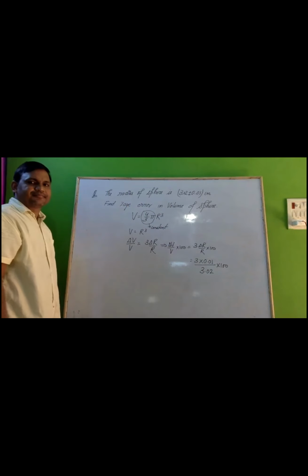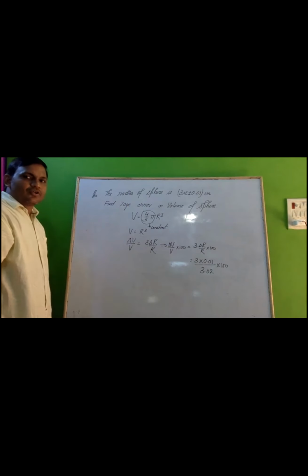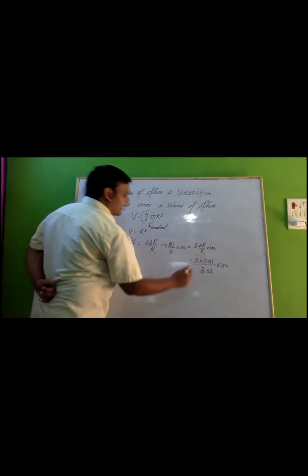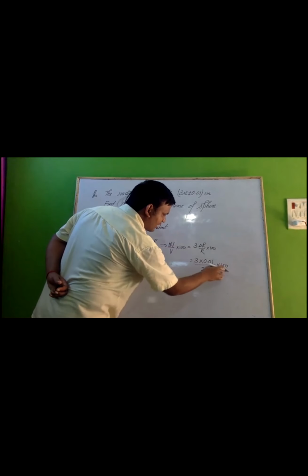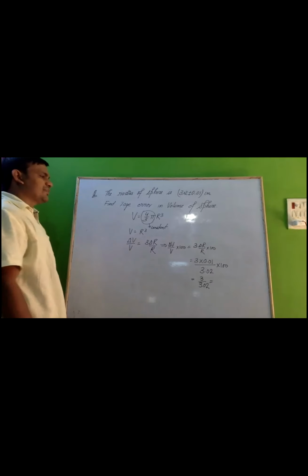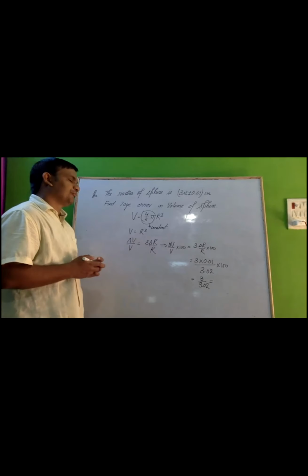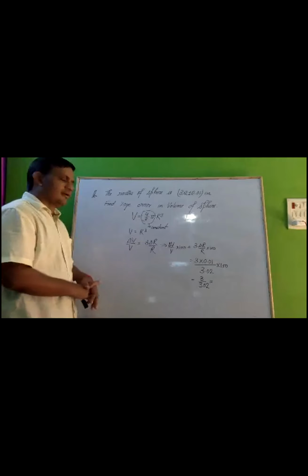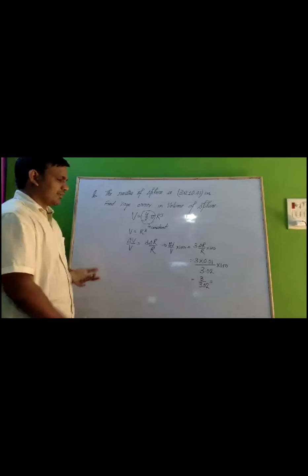Isn't it? So this will become 3 by 3.02. How much percent error will be there? Let me know. 0.99. It will be 0.99 something.